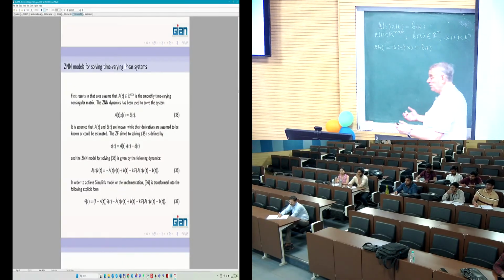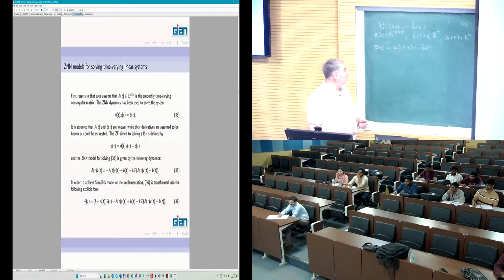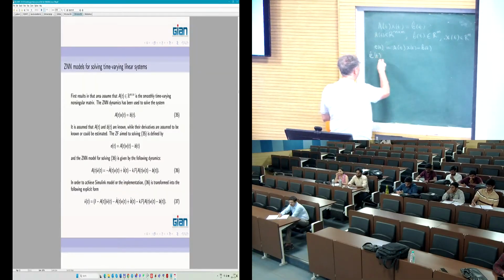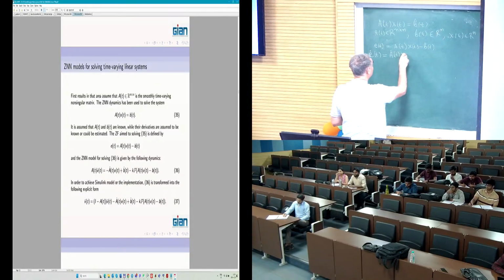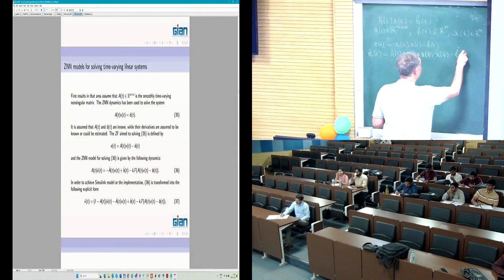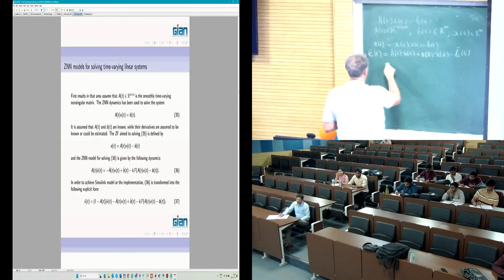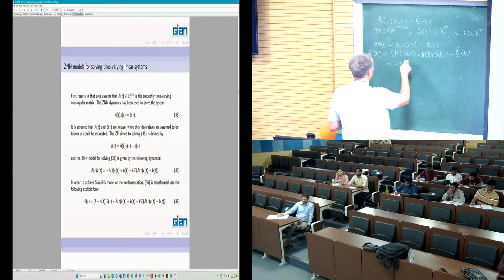This is a scalar, vector, matrix case, and even in the matrix case, I will divide this step for better understanding. It is A of t times x minus B of t, and it is equal to gamma e of t in expanded form.